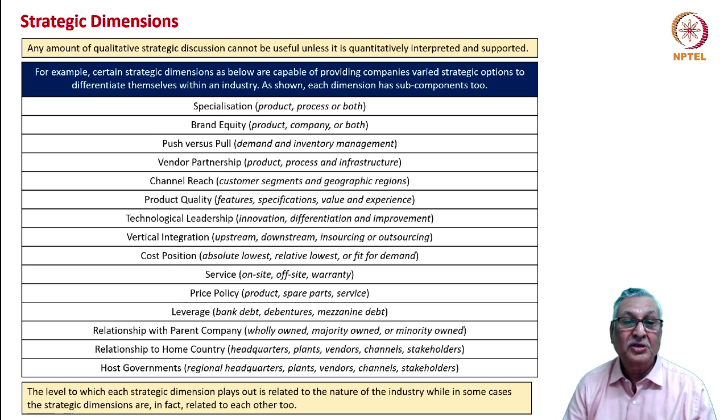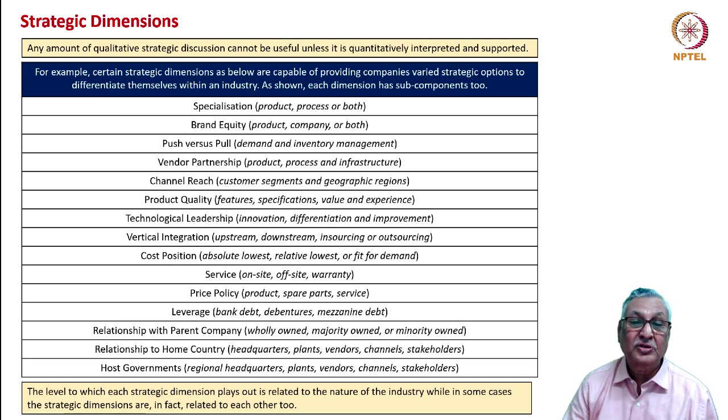You can see from this that it is possible to pinpoint each firm in terms of its strategic dimension and create a strong strategic map of the industry where different firms are positioned on different dimensions appropriately.